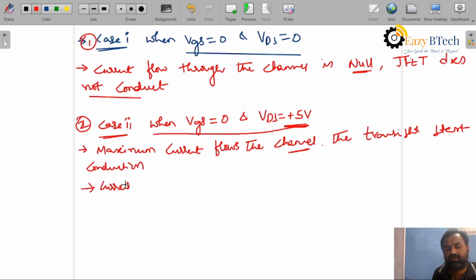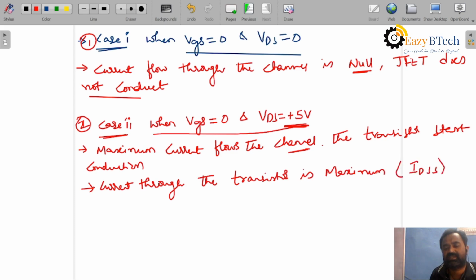Current through the transistor is maximum. That can be represented as IDSS, the drain saturated current, when VGS is 0 and VDS is plus 5. It means maximum when VDS is maximum.